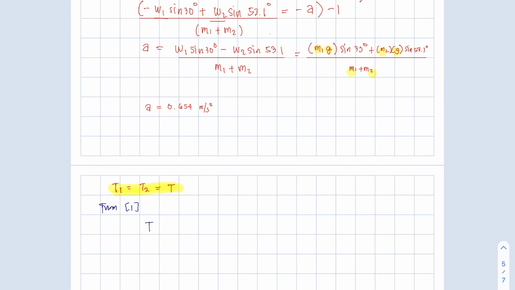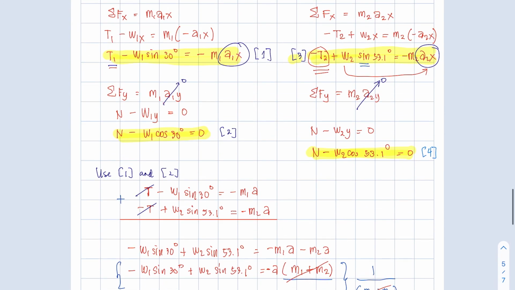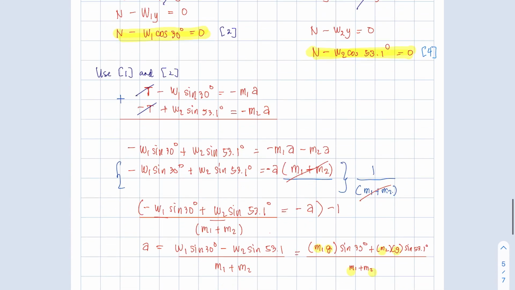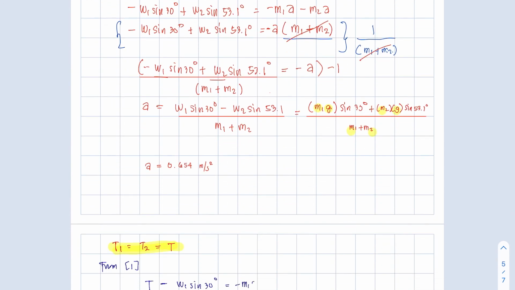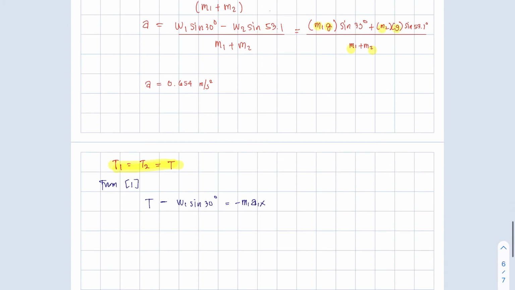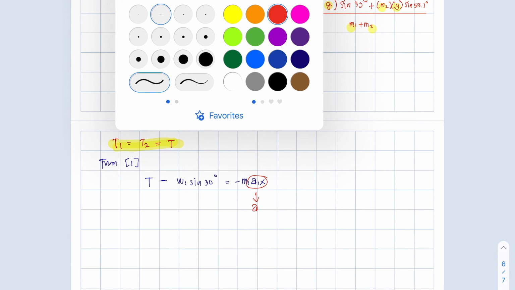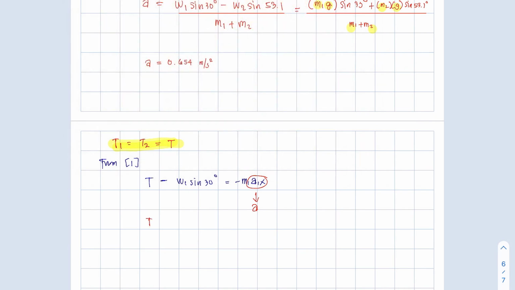From 1, T minus W1 sine of 30 degrees is equal to negative M1 A1x. Sinabi ko na kanina, yung A1x, that is just equal to A kasi nga the same acceleration lang sila. So, ang makukuha ko na tension from this equation will be like this one. T is equal to negative M1A plus W1 sine of 30 degrees.